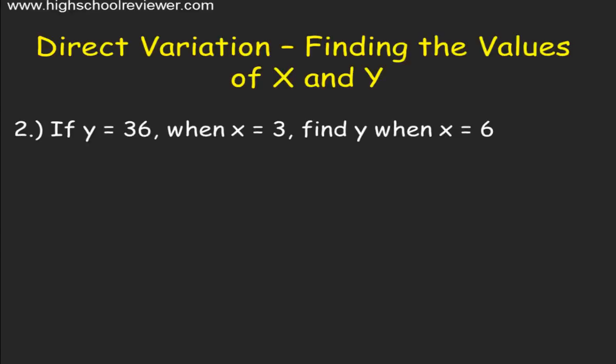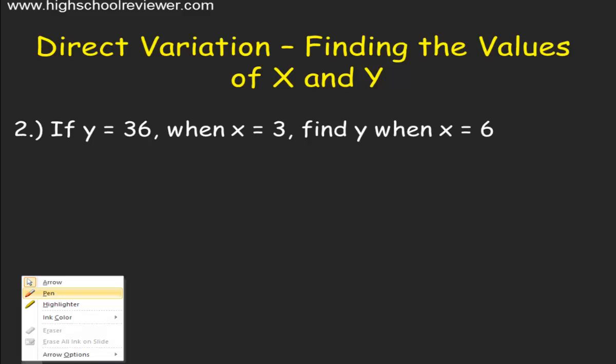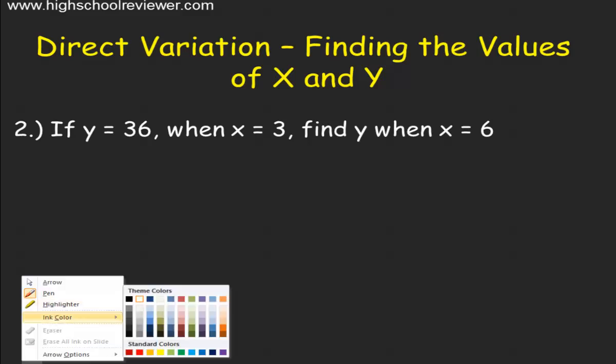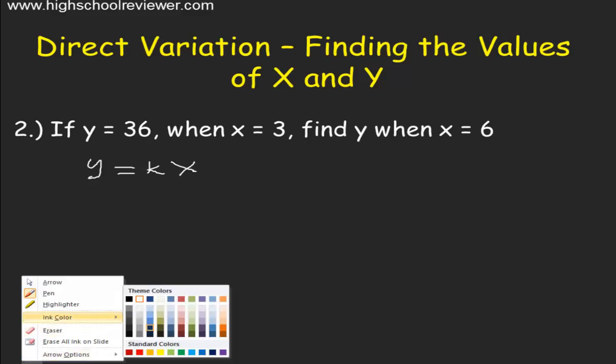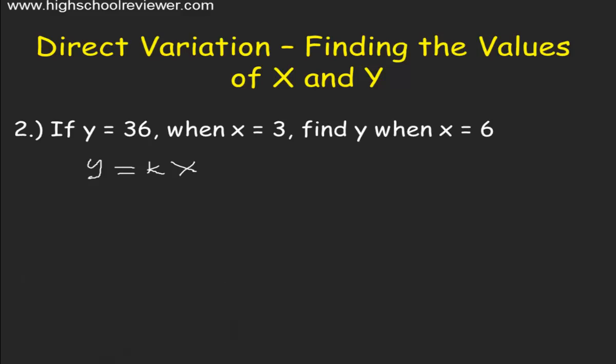Number 2. If y equals 36 when x equals 3, find y when x is equal to 6. Again, we are going to use y is equal to k multiplied by x. Our y here is 36 and our x is positive 3.